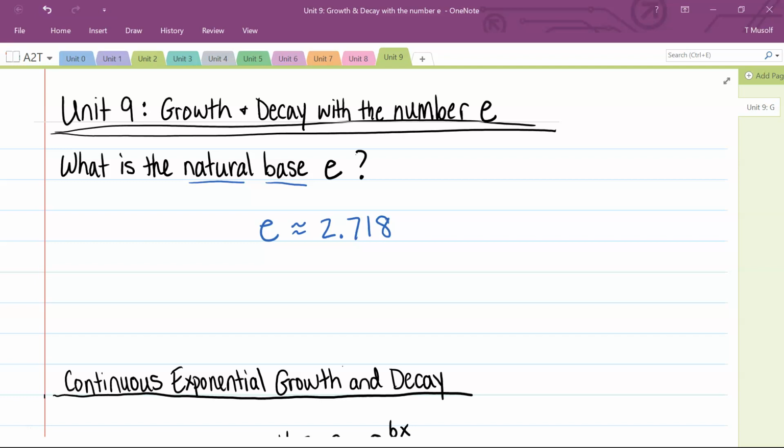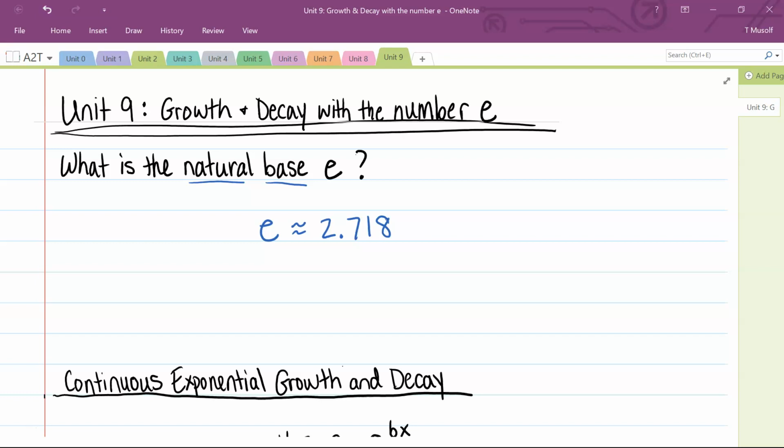The reason we would use base e is to describe something that is continuously growing. For example, in the previous notes, when we talked about exponential growth and decay, we talked about something that grew 10% after a year, or decayed 30% after a year.